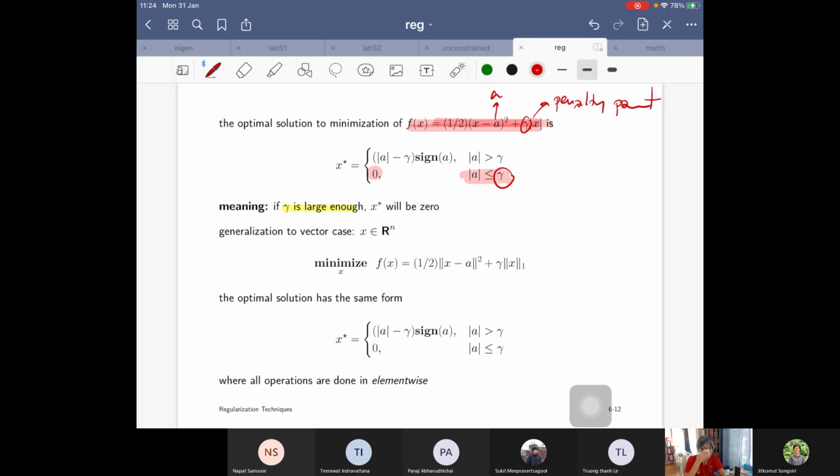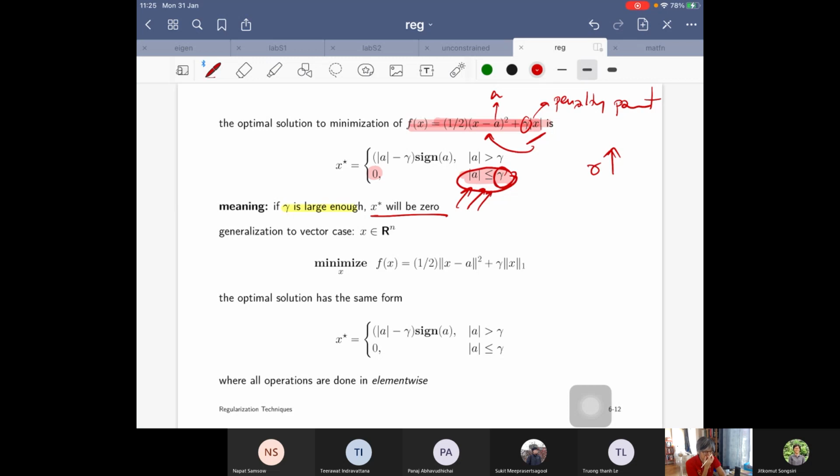It will be up to the choice of the user, but you can adjust whether you want to weight this term more than this term. When you penalize more on the absolute value term, you pick gamma to be large, then of course it will be easier to fall into this case. When gamma is big, the upper bound is increased, which means your solution will tend to be 0.